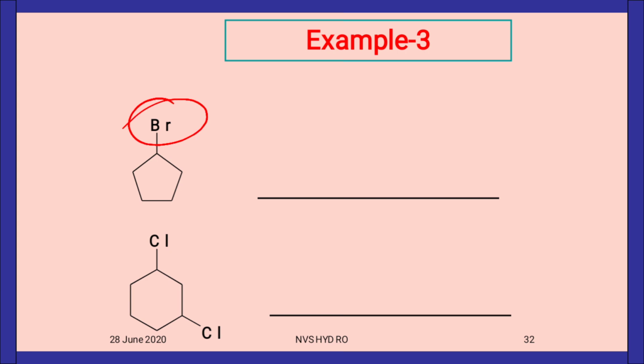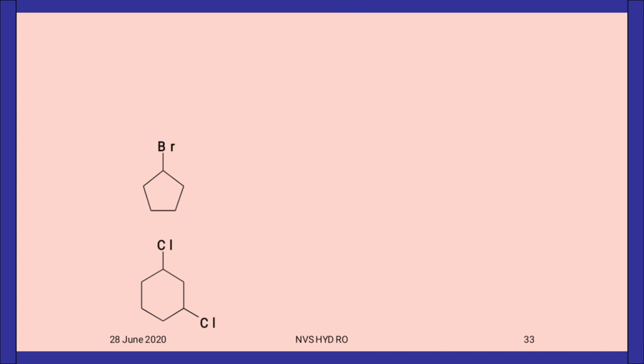Bromine is attached, we can say this is even 1-bromocyclopentane. We can say 1-bromocyclopentane. The second one would be your chlorine.